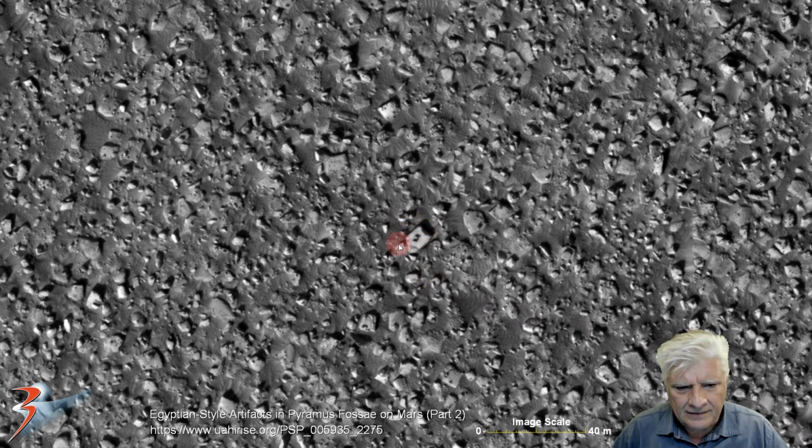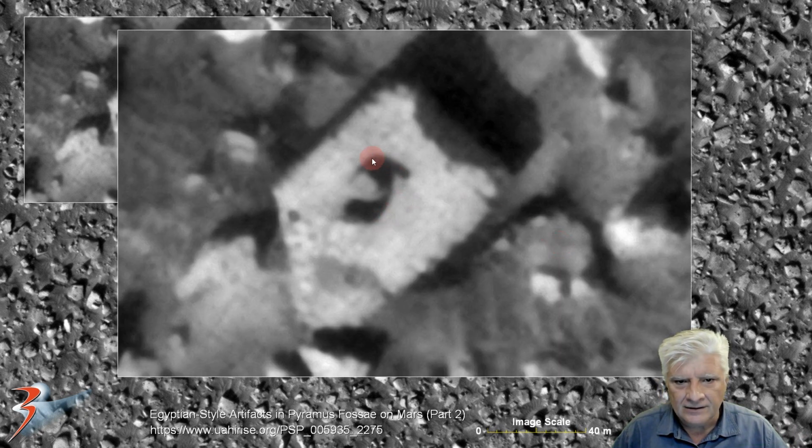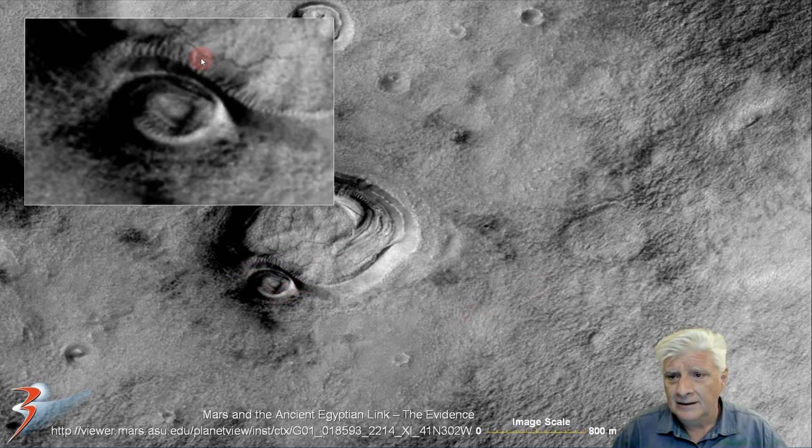Then we're looking at this strange block with what looks like a symbol of an eye on the one side. Then the huge eye shape could be a boat, who knows, folks. But check out the part over there on the top that looks like an eyebrow, a pupil there in the center.